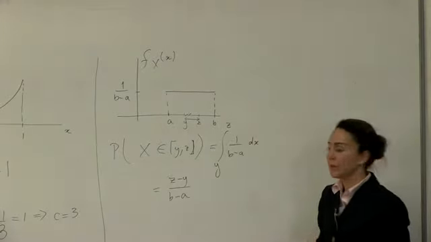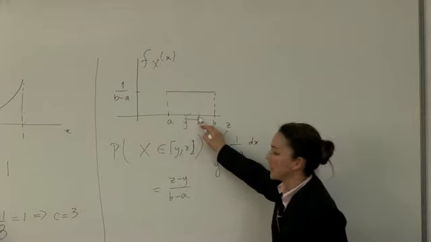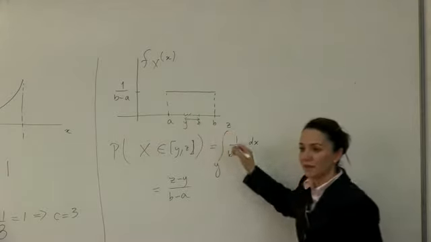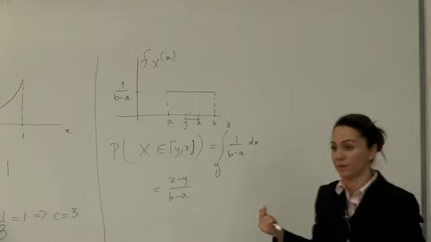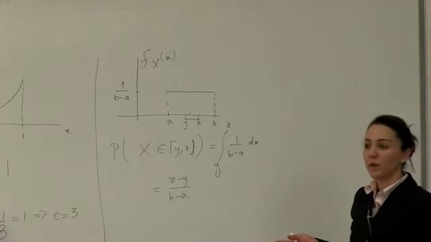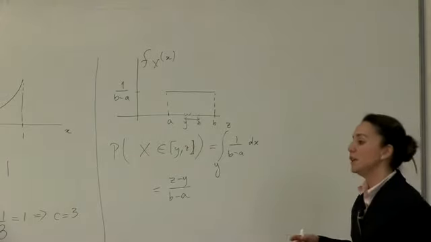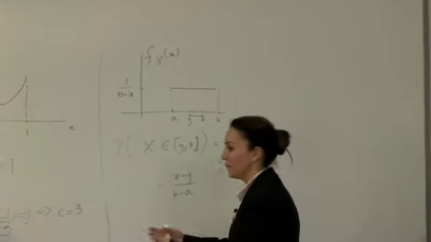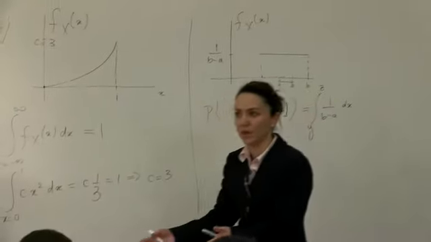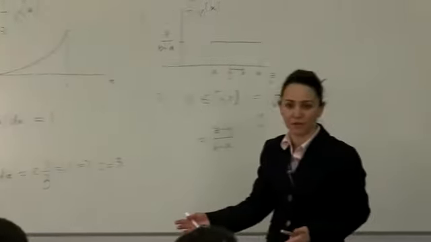In other words, the ratio of this length over the whole length. That is why the probability that I leave home before 8:45 in the example is 1/2. Right? Okay. So that's the uniform random variable.